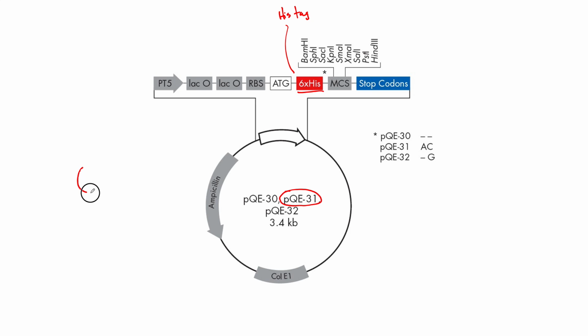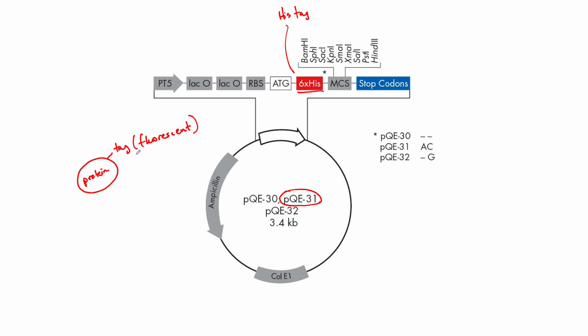In some cases, that tag may be a fluorescent tag, and so you can monitor where that protein goes by attaching GFP to it, for example. And then with a fluorescent microscope, you can follow where that protein goes, what it does, how much of it is expressed, where it's localized in the cell, etc.